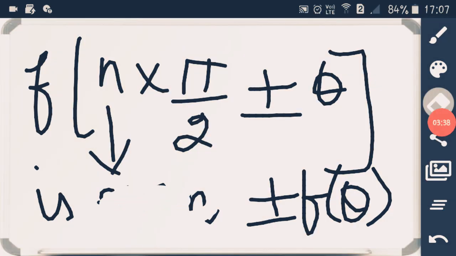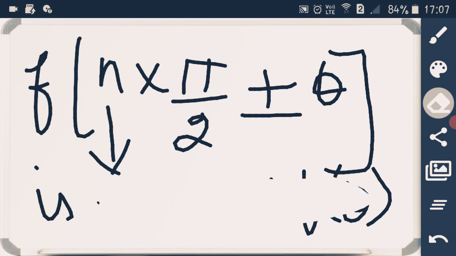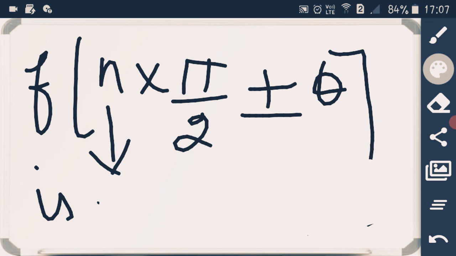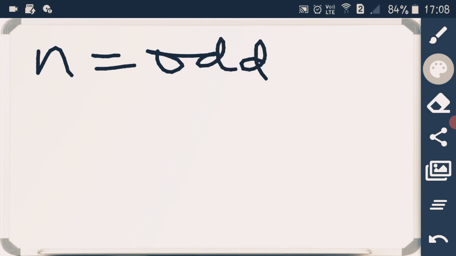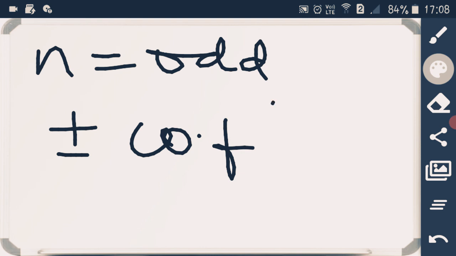Now in case n is odd, then the formula will be plus or minus the cofunction of theta.